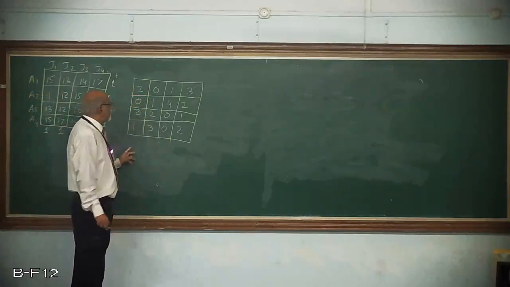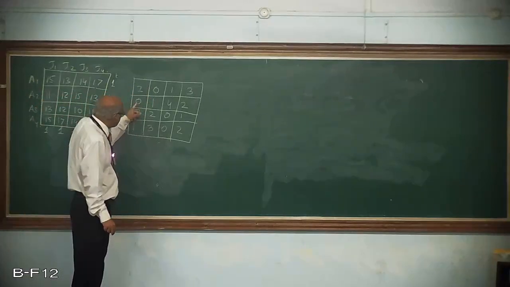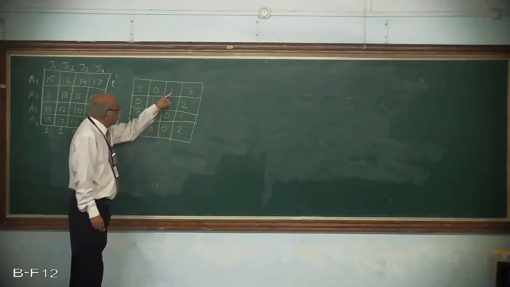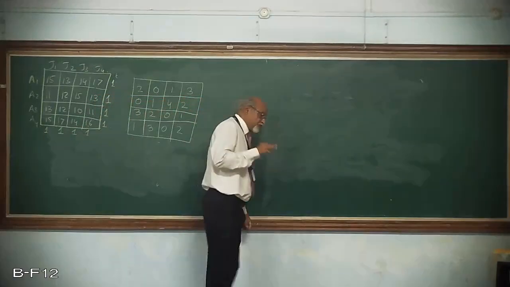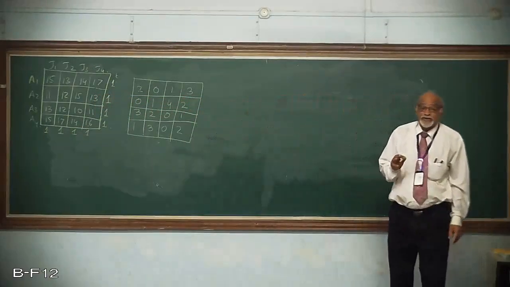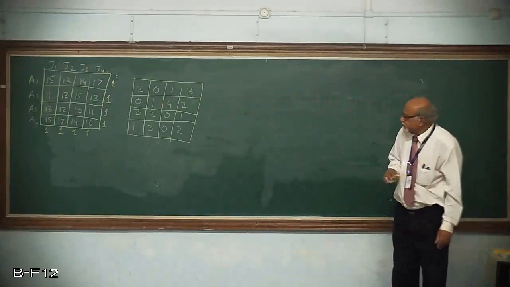But if I go column wise, I have got 0 in the first column, 0 in the second column, 0 in the third column, and no 0 in the fourth column. Then what needs to be done? Because I said basically I should have 0 in each row and column so that the allocations can be made properly. So what is to be done?